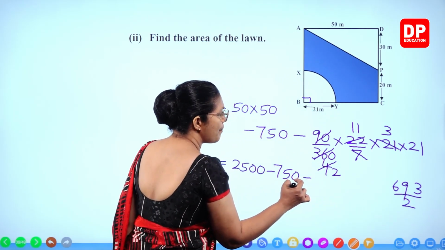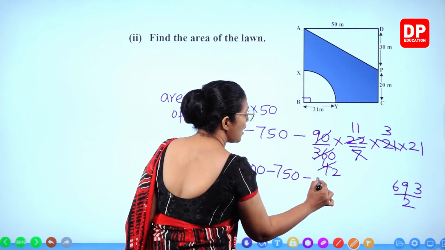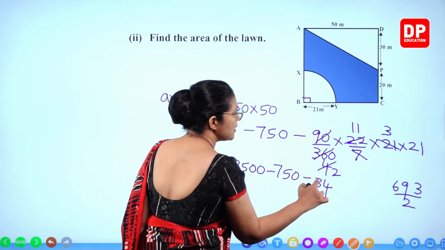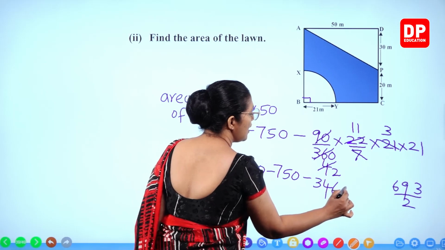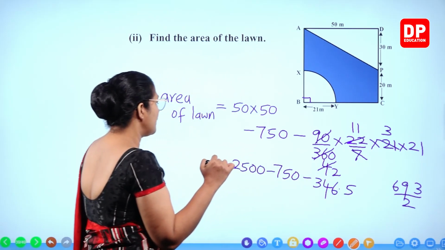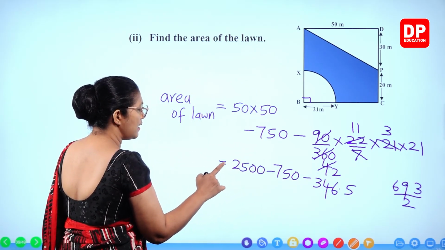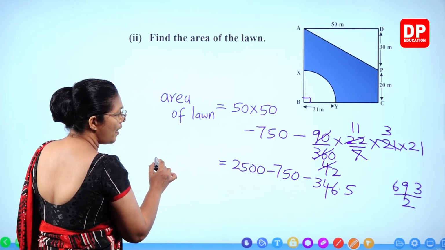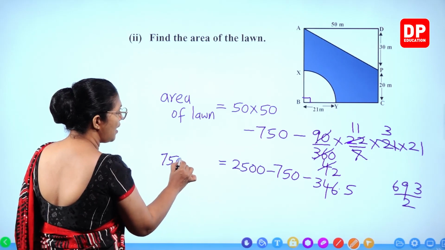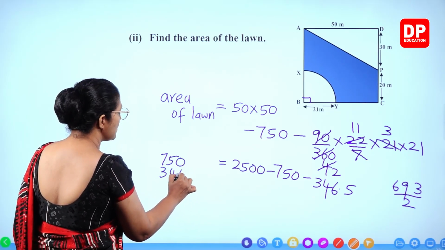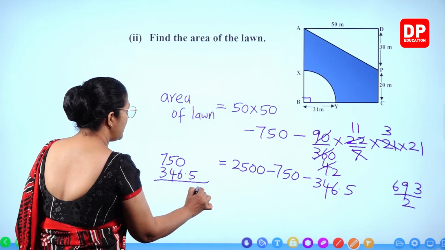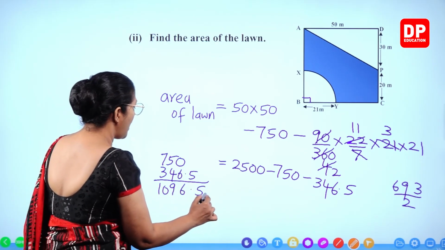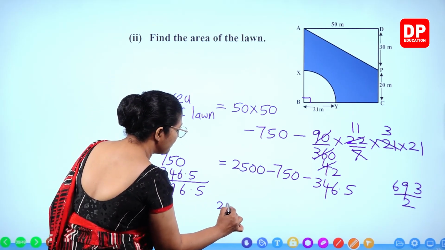So what you get? 2 times 3. 2 times 4, 8. And for 13, that's 6 and 5. Now subtract here. You can add these two and subtract from 2500. 750 and 346.5. You add it and then subtract from 2500.